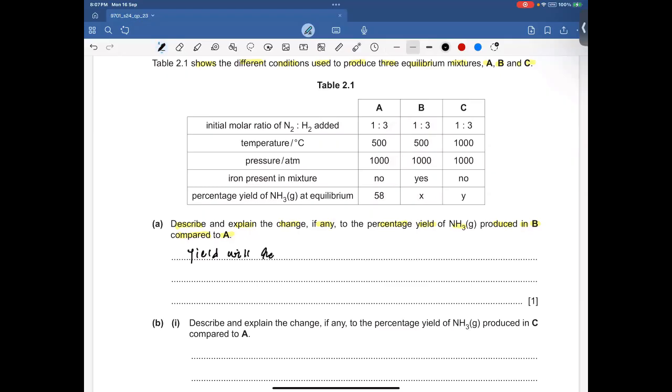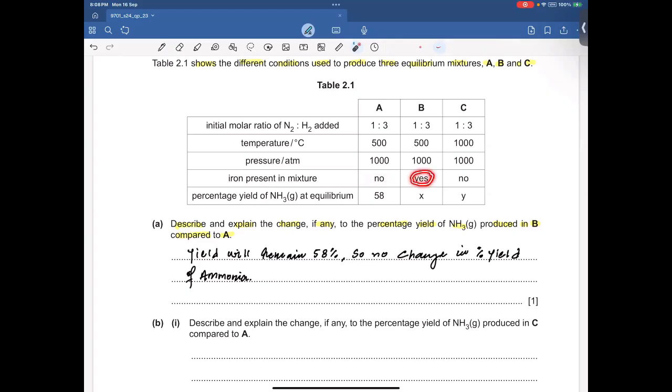Yield remains 58%. So technically no change in percentage yield of ammonia. Now the main question is, there is no catalyst in this case, whereas in reaction mixture B there is a catalyst.